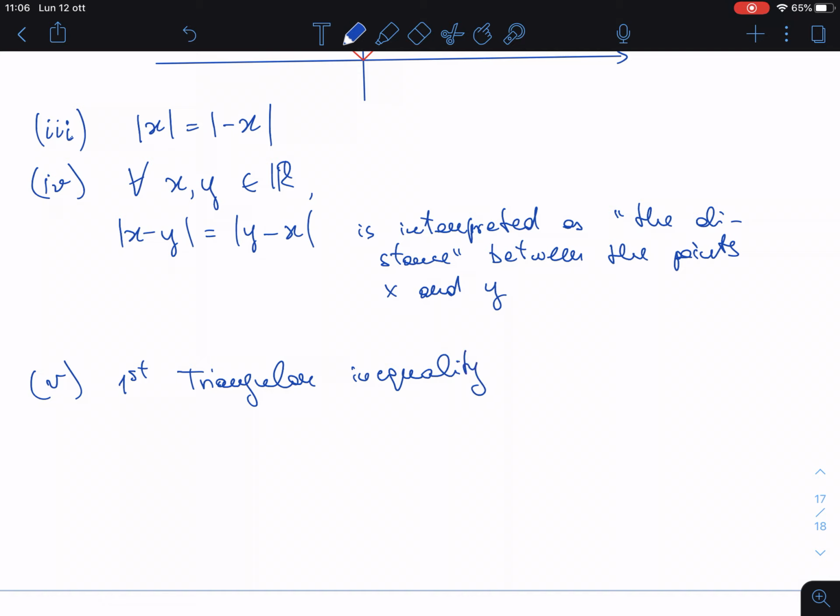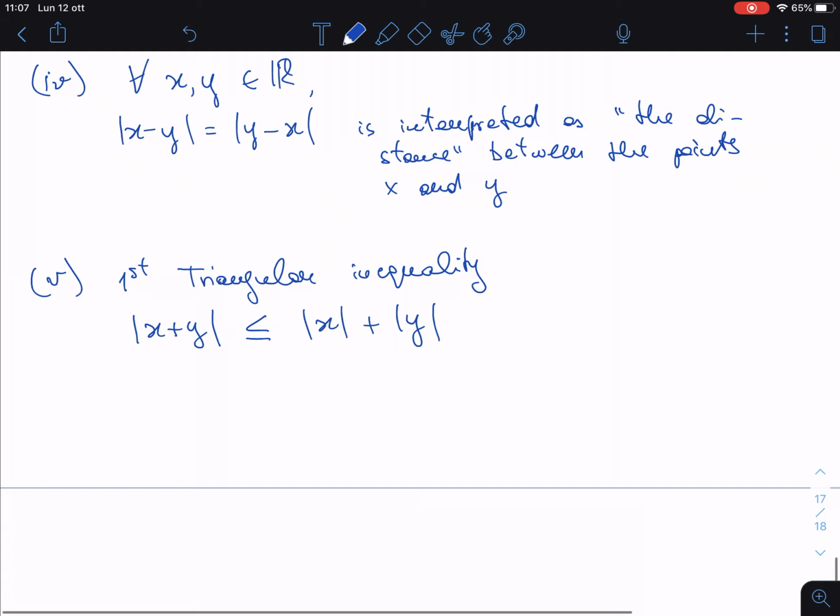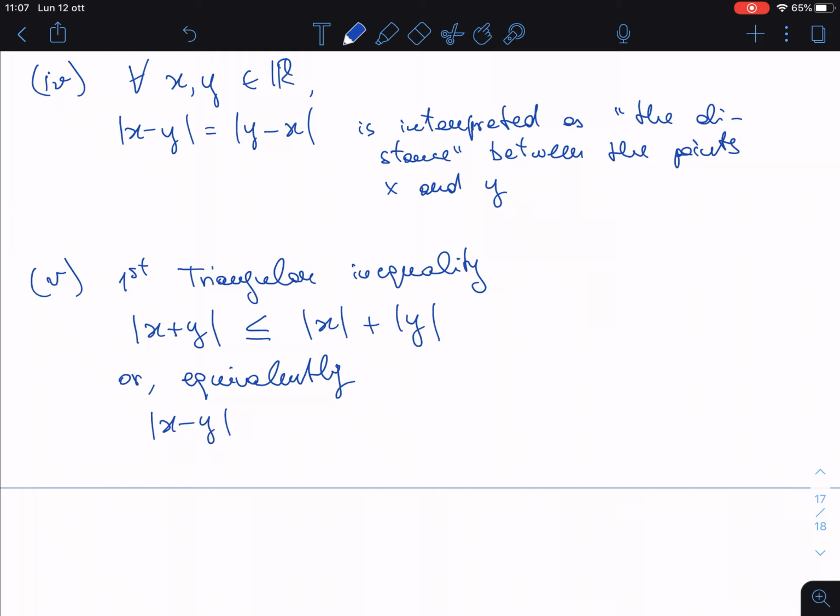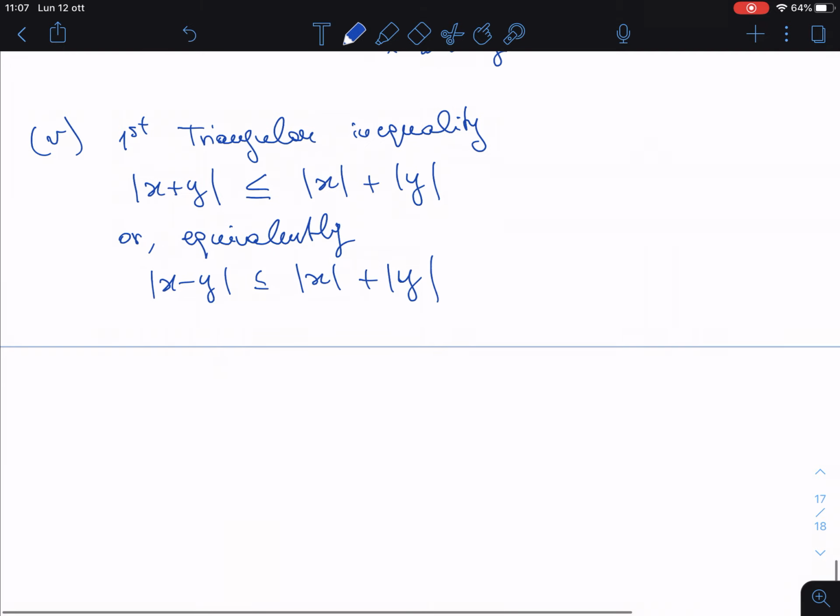That says that the absolute value of the sum x plus y is less or equal the absolute value of x plus the absolute value of y. So it is not always equal. Okay? Another version of this is the absolute value of x minus y is less or equal the absolute value of x plus the absolute value of y.